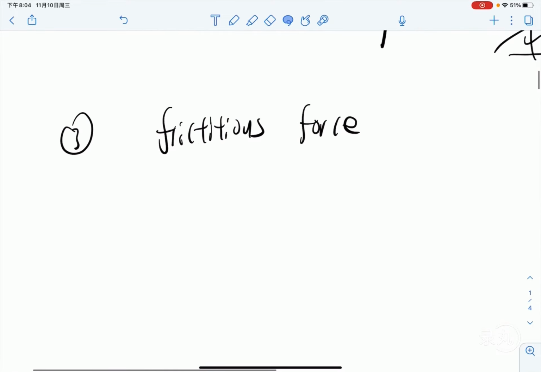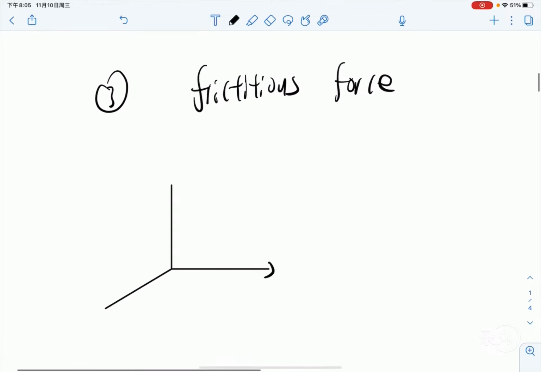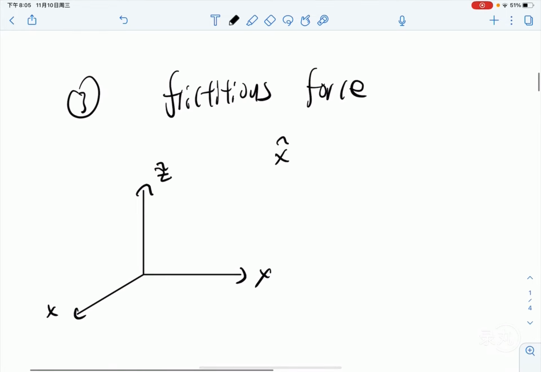Okay, we're going to talk about the fictitious force. So basically, if you have two systems or two coordinate systems, this x, y, z, and you know that x cross y is equal to z.